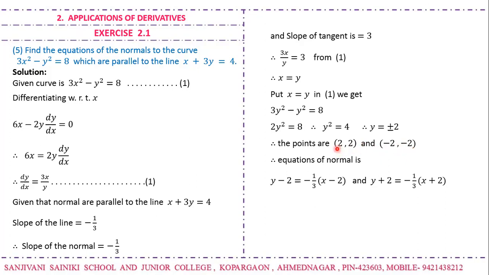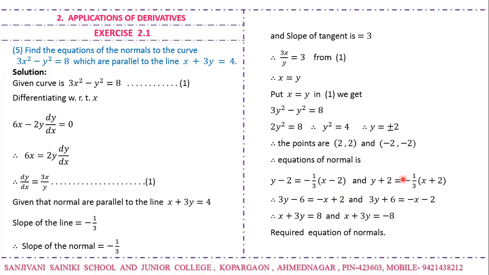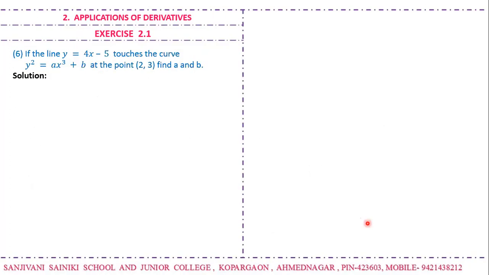The equation of the normal at these points is y minus y1 is equal to m times (x minus x1). The slope of the normal is minus 1 upon 3. Putting those values in this equation, we get x plus 3y is equal to 8 and x plus 3y is equal to minus 8. These are the required equations of the normals.